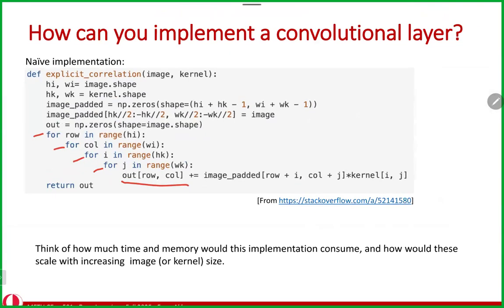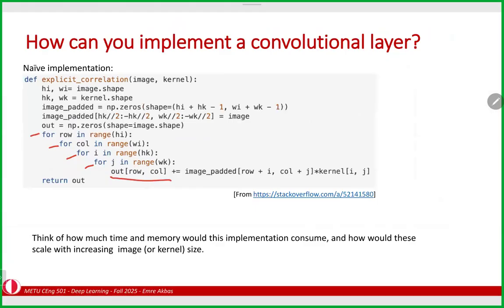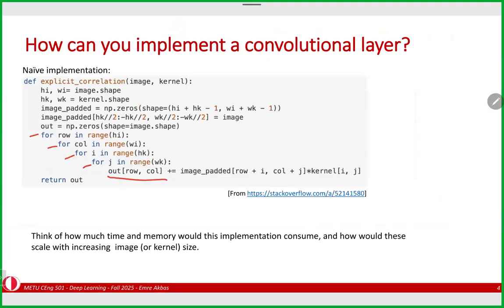Now think about how much time and memory this implementation would consume. The time complexity is very high because there are four loops, and it depends on the image size and the filter size, right? But there's some power of 4.